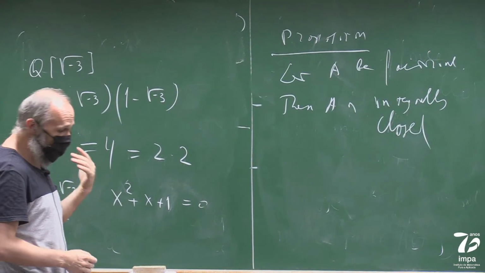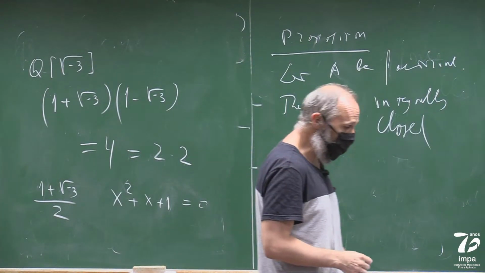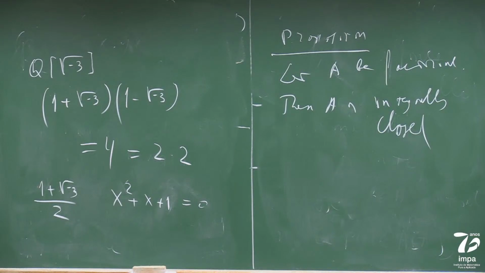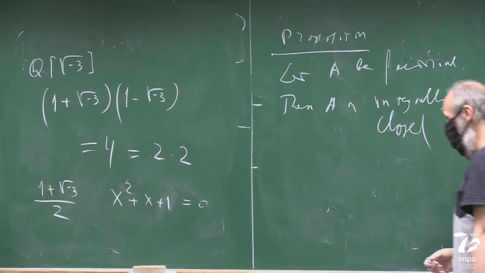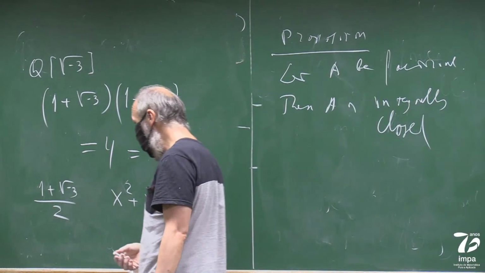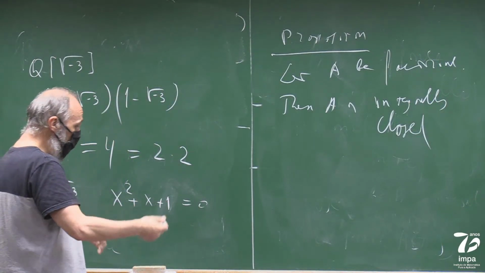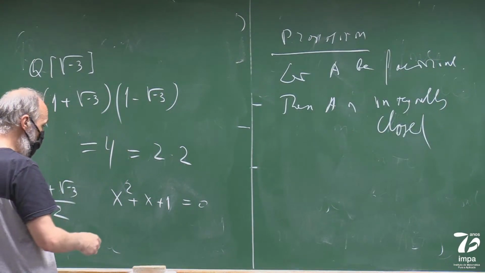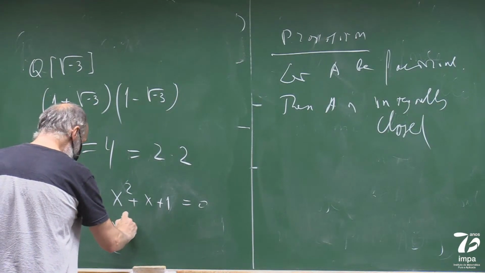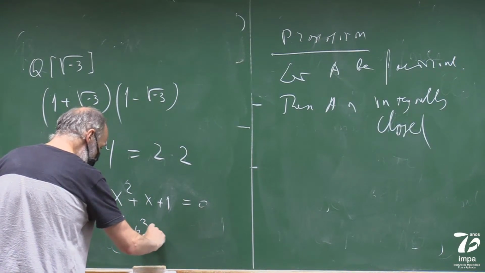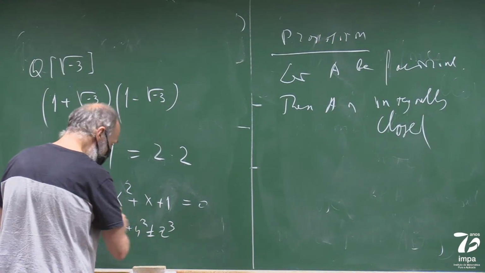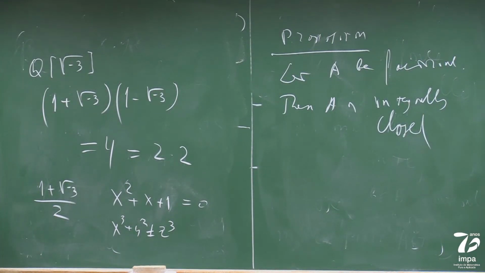So this is a very basic example which Euler already noticed. He was trying to prove the Fermat big conjecture for the exponent of 3. So he wanted to prove that x cubed plus y cubed is never equal to z cubed, unless there are zeros and ones.